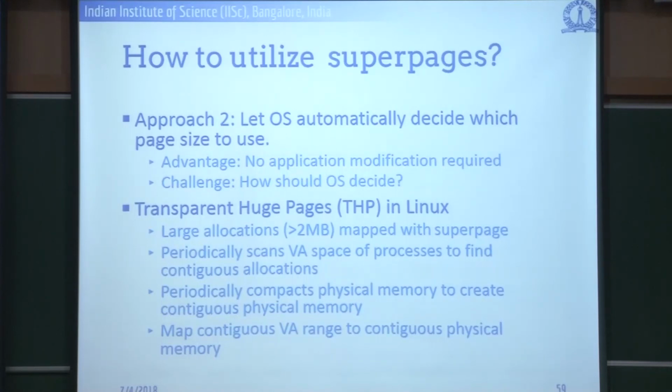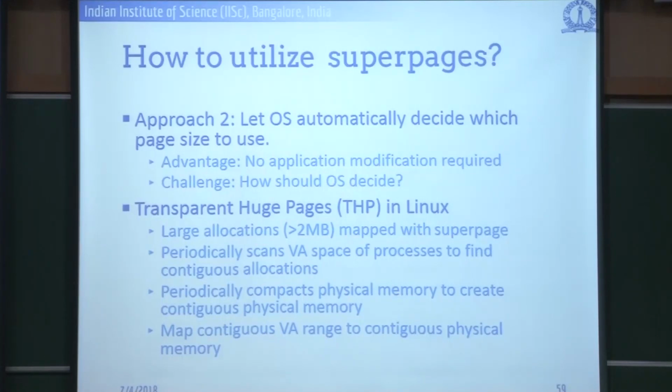Say there is a 2 megabyte region that was earlier mapped using 512 base pages. It has to change all of those page table entries into a single page table entry that maps that whole 2 megabyte virtual address region to one 2 megabyte physical page frame.